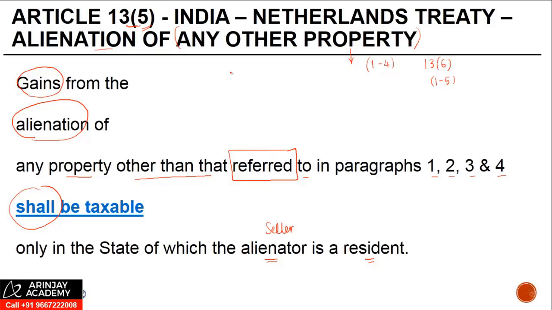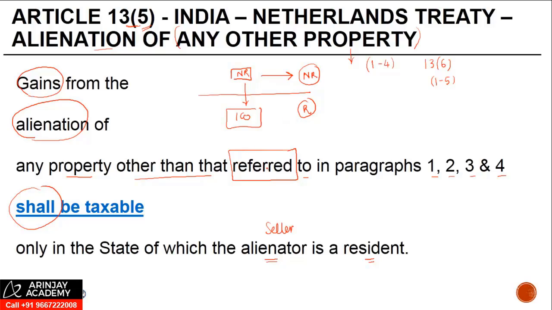So think of a situation where you have a non-resident and you have an Indian company or an Indian asset, right? If the non-resident transfers any property, whether to a resident or to a non-resident, doesn't matter, right?